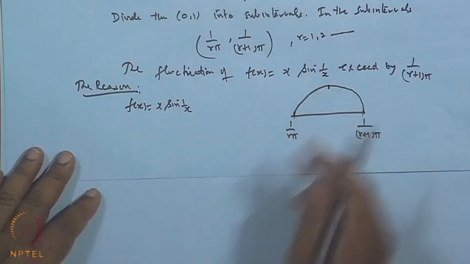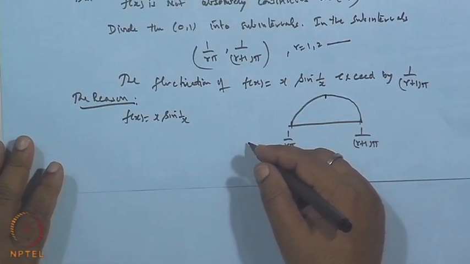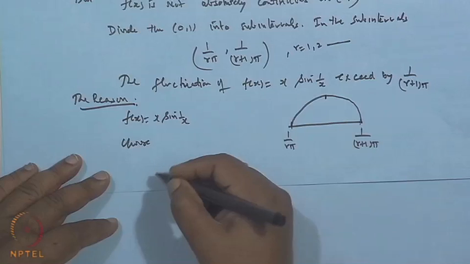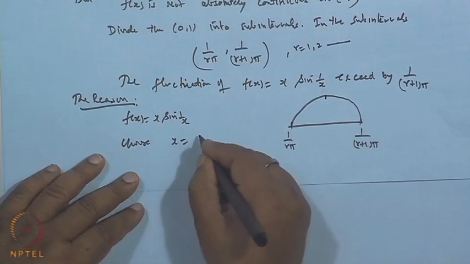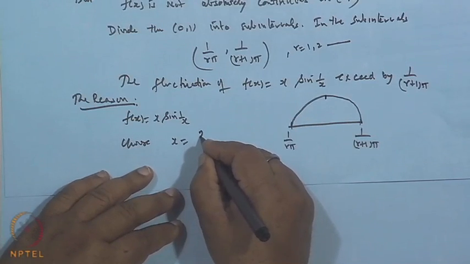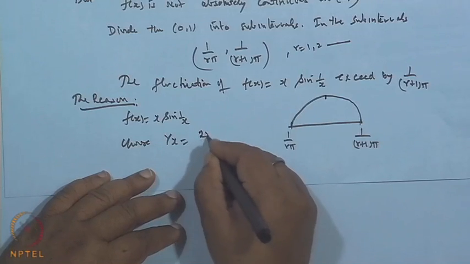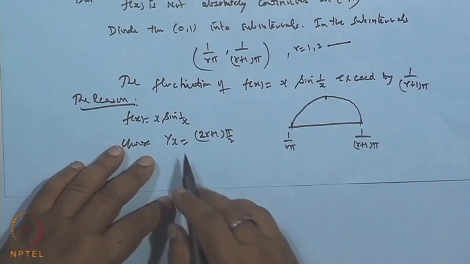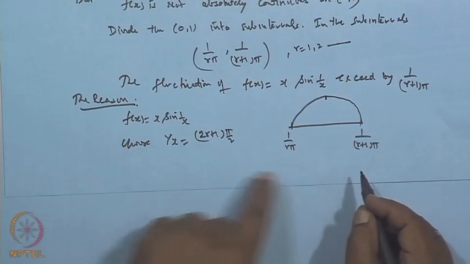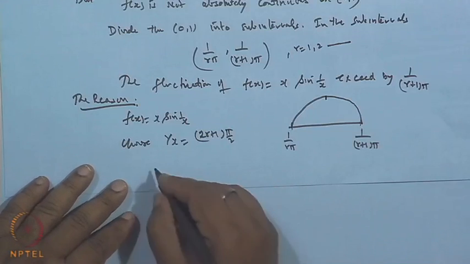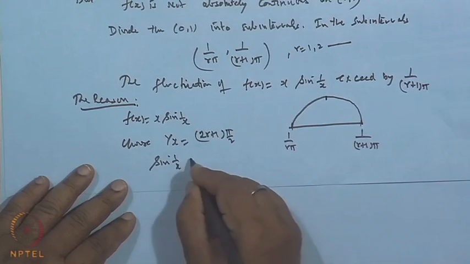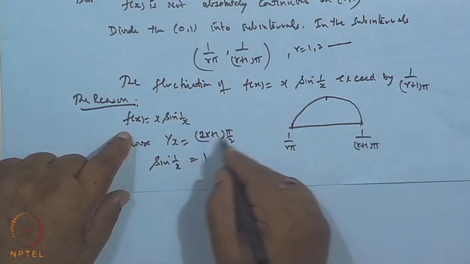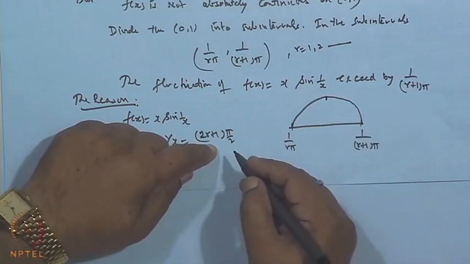Here, for the maximum value, let us choose 1/x to be (2r+1) pi/2. Then sin(1/x) is 1, because it is an odd multiple of pi/2, and f(x) is 1 upon (2r+1) pi/2.